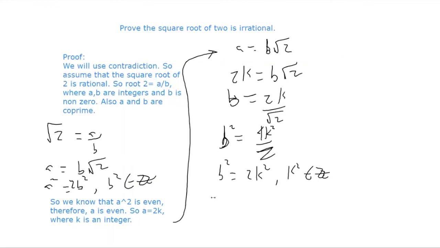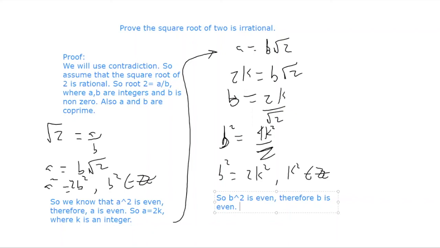So I'll write that out. So b squared is even, therefore b is even. So now we've reached a contradiction. So we have that a is an even number and b is an even number.